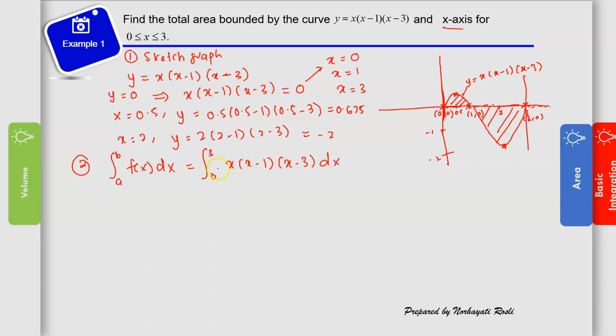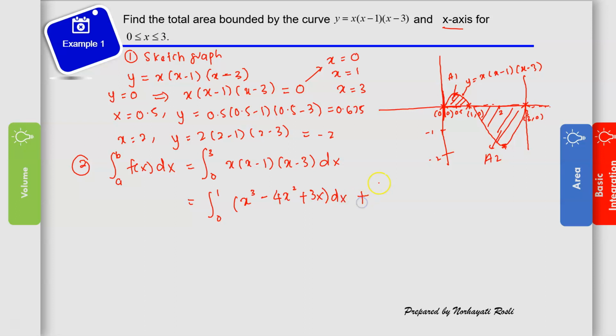But now, if you remember the previous step, you need to integrate separately based on the region. We have this one, for example, as area 1, and this one is area 2. So we need to integrate separately. It means that for area 1, the limit starts from 0 up to 1. We expand this function. We have x to the power of 3 minus 4x to the power of 2 plus 3x dx.